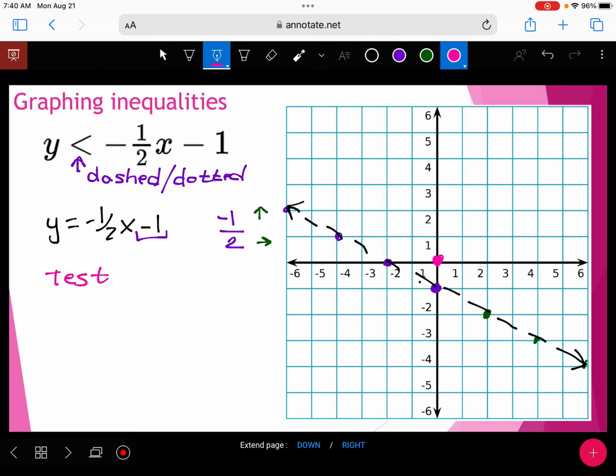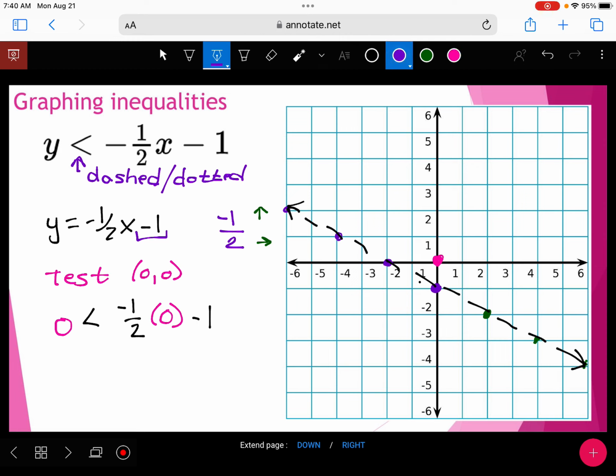Because when we substitute it in, we're going to have 0 less than negative 1/2 times 0 minus 1. Substituting in the point 0, 0 into our inequality. So then we're going to simplify that.